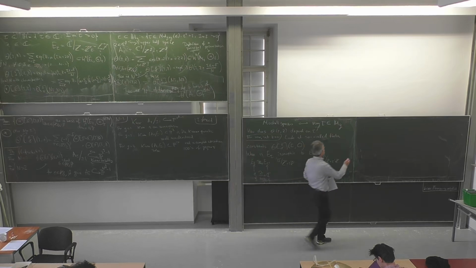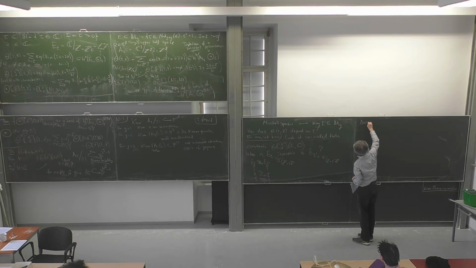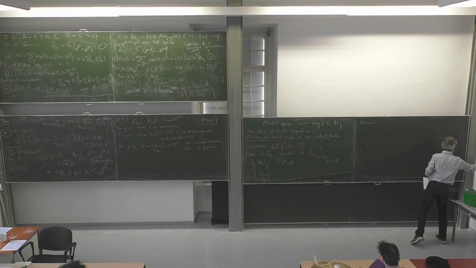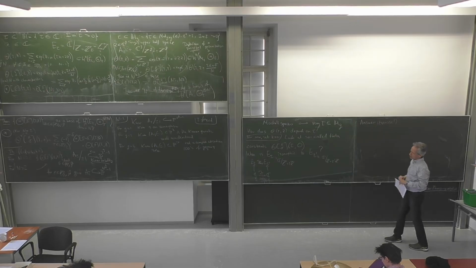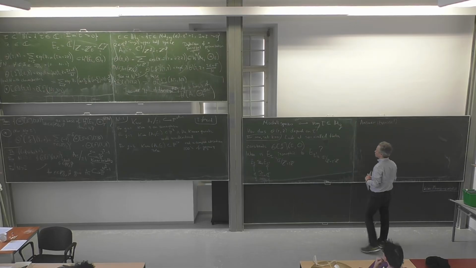So the answer, that's an exercise. And I highly encourage you to do this exercise if you've never done it before. This is essential to understand how this thing works.